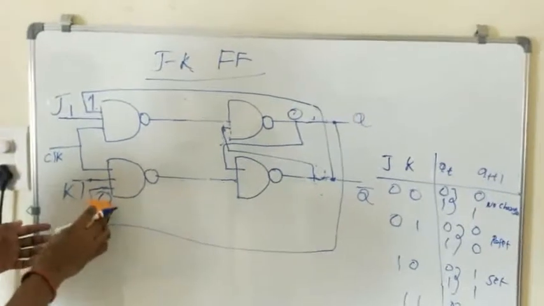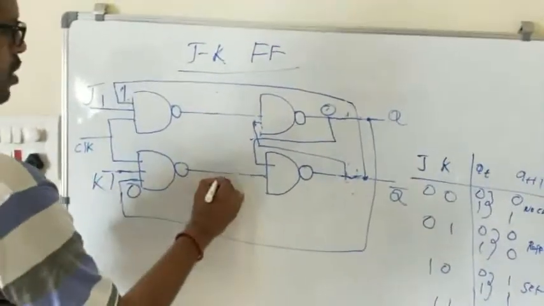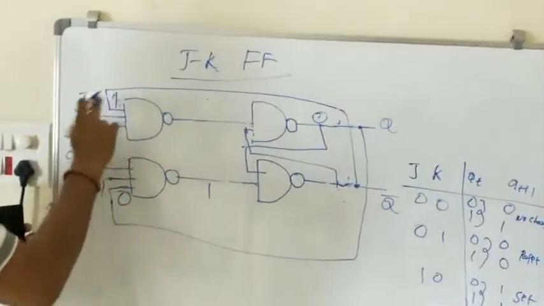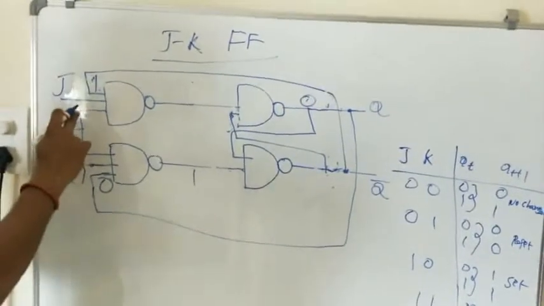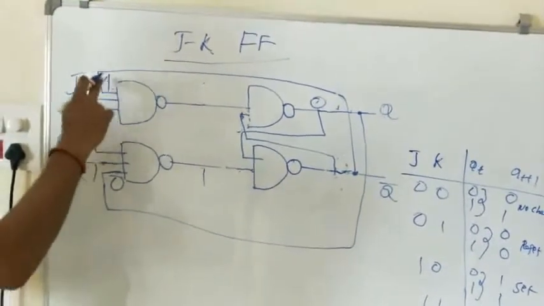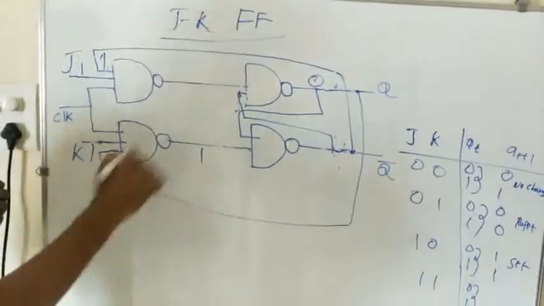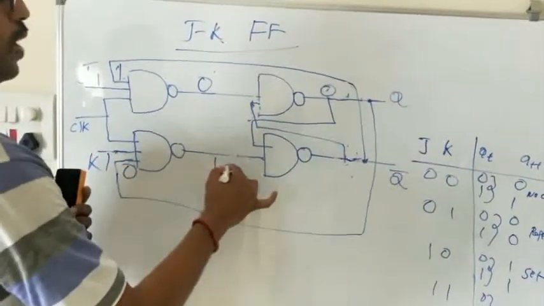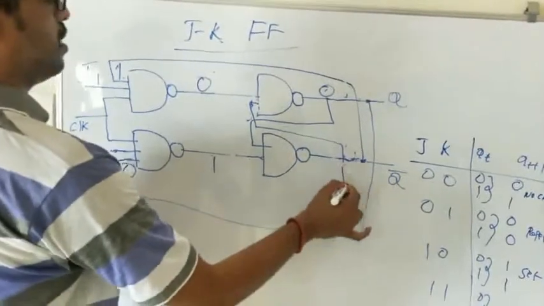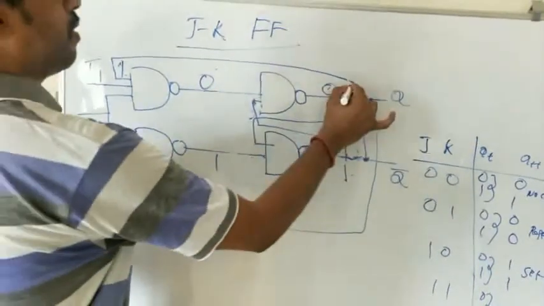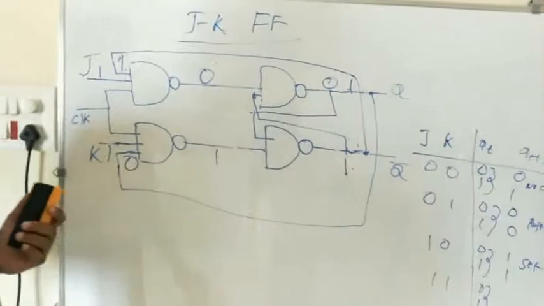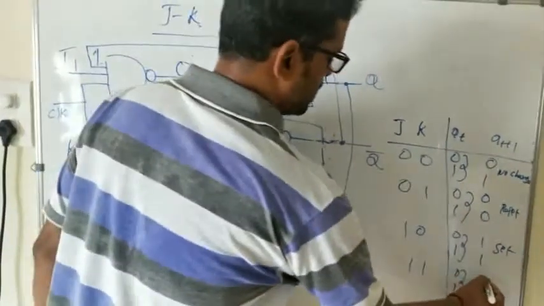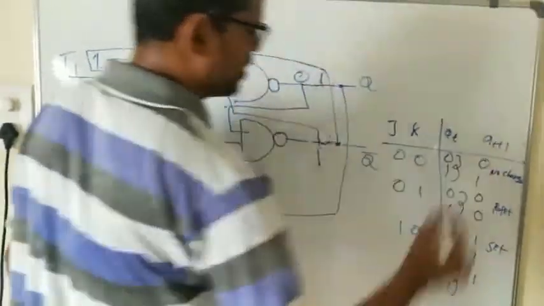So if any one of the values is 0, this NAND gate output is going to be 1. Here all the inputs are 1. I have already told you that the clock input is always assumed to be 1. So this is going to be 0. Now you study 0, 1. 0, 1 will give 1. So when the present state is 0, the next state is 1.